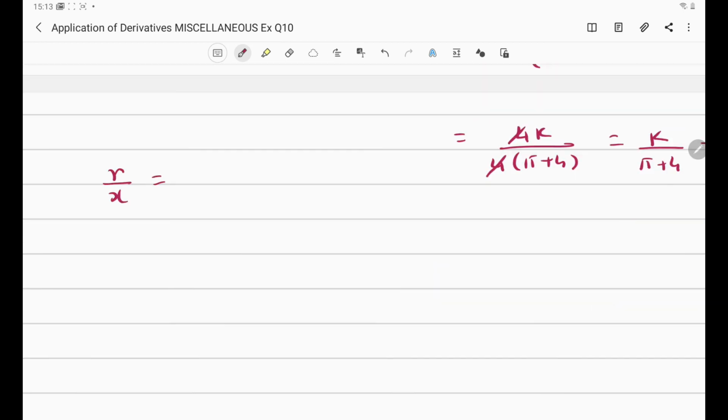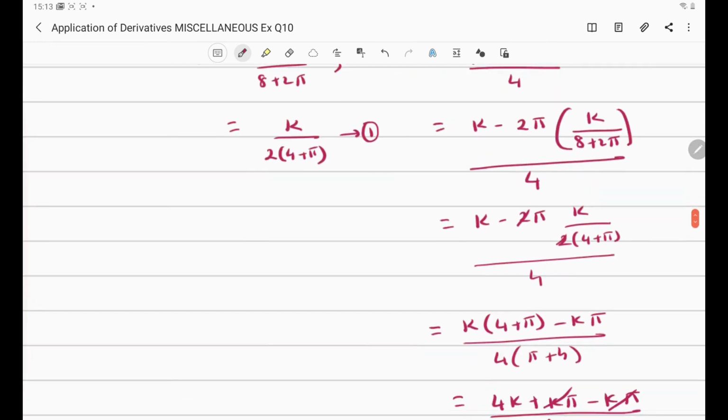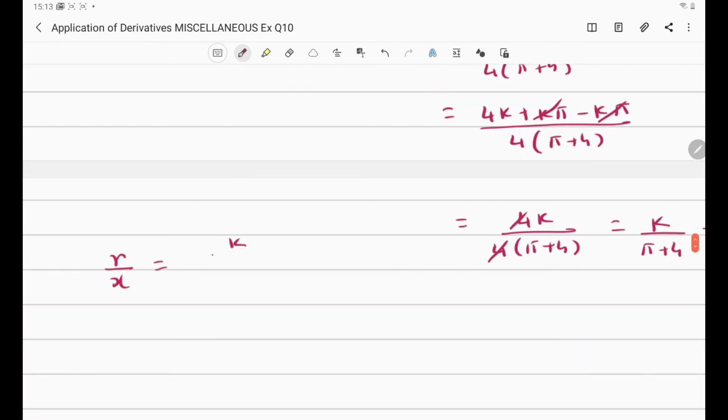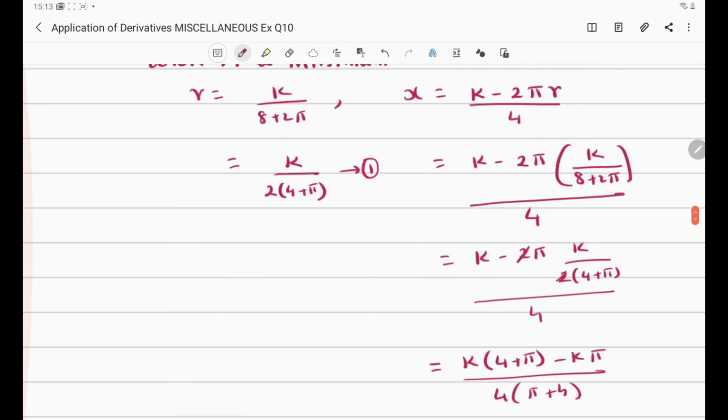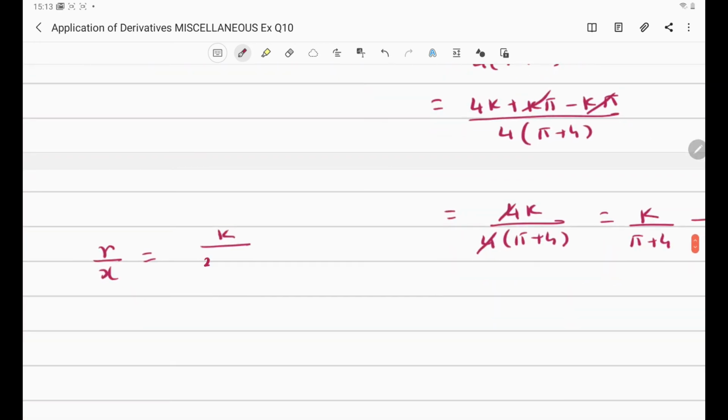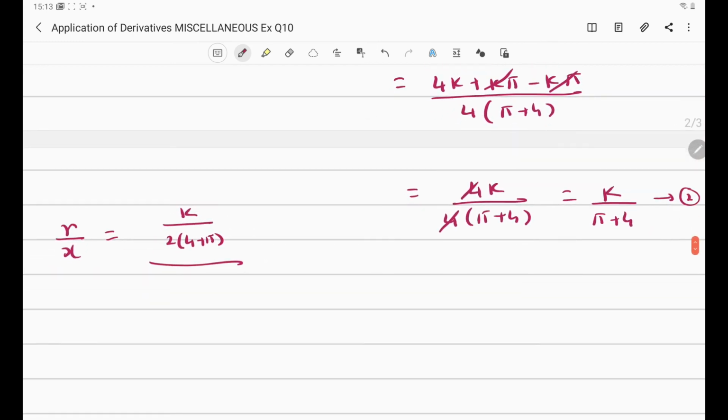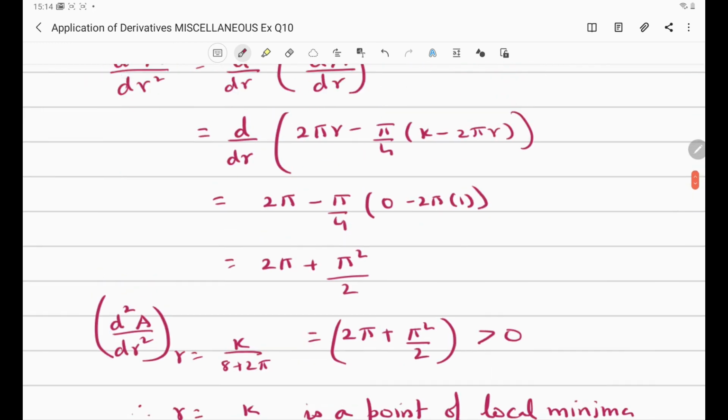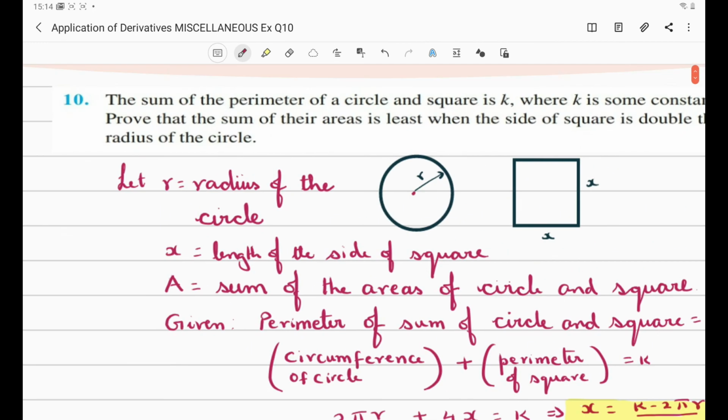R by x is equal to k divided by 2 into 4 plus pi divided by x. x is k by pi plus 4. So k and k gets cancelled, pi plus 4 gets cancelled, we got 1 by 2, or we can write this as x is equal to 2r. So which is the desired, expected thing to be proved.